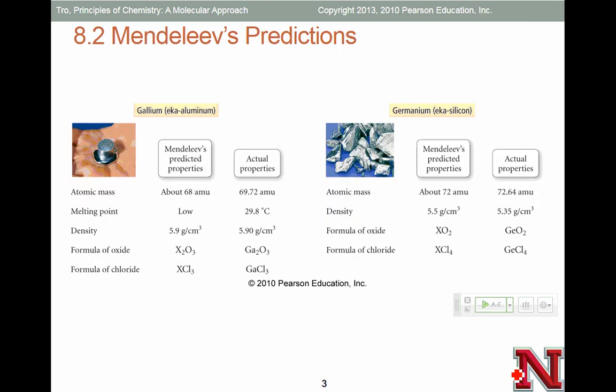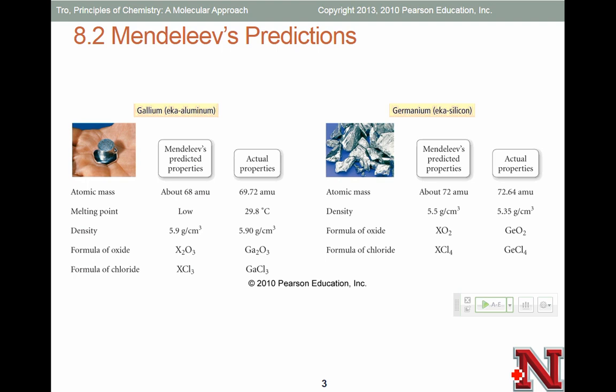This shows that after he put the periodic table together, we didn't know all the elements that we know now, but he was able to predict unknown elements. So these are his predictions, and these are the actual properties of the elements once he found them.